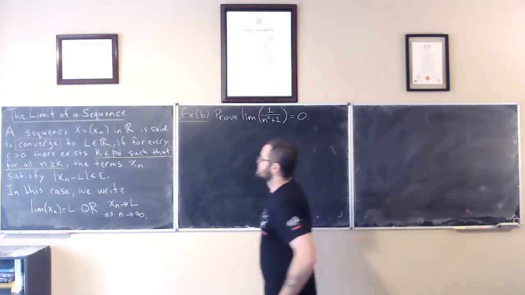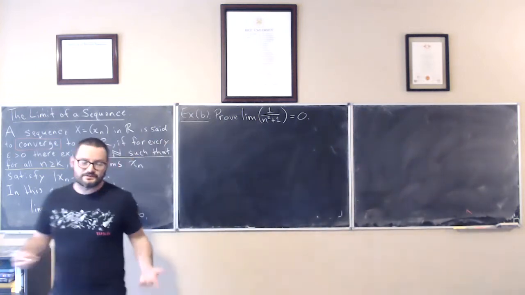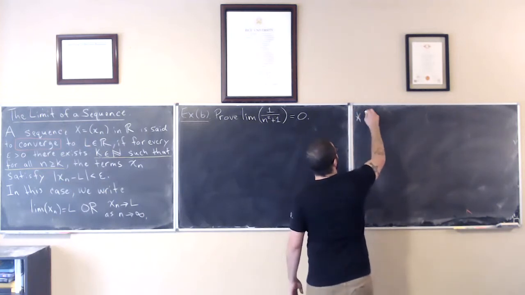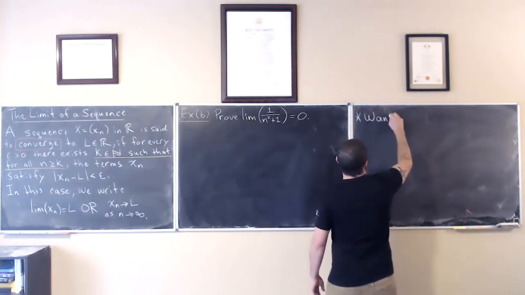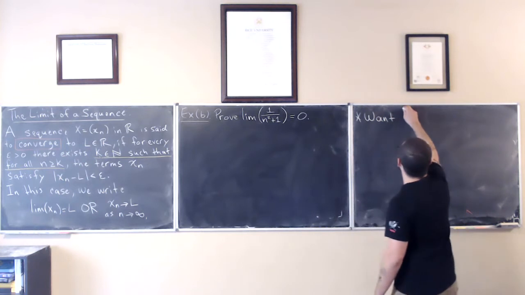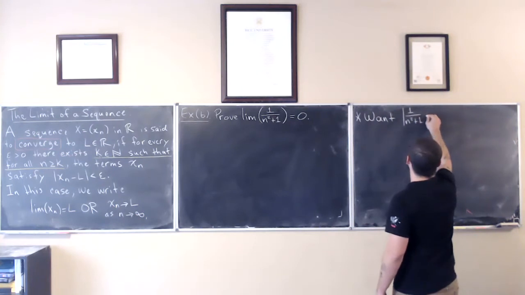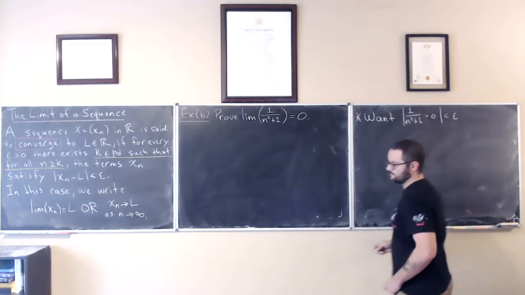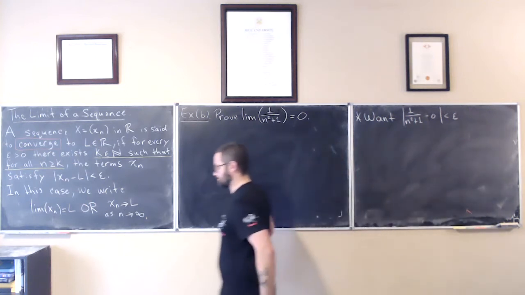So again, the game works the same. What do we want? We want 1 over n squared plus 1 minus 0 to be less than epsilon for any choice of epsilon.